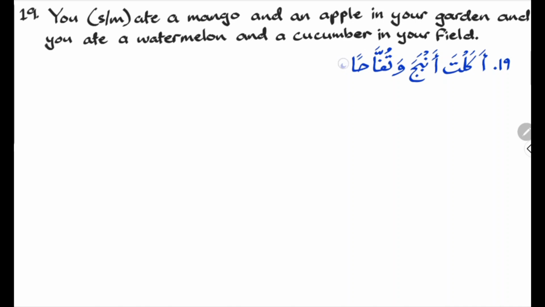in your garden. In is fi. Your garden, that's mudaf and mudaf ilayh. And your is an attached pronoun. Garden is bustan, your, and obviously it's referring to singular male, which is ka. So your garden would be bustanika.